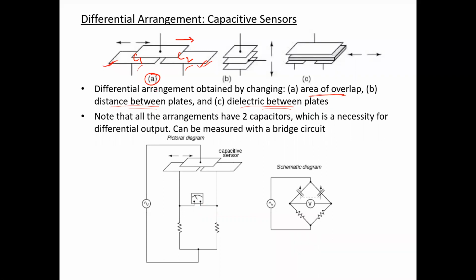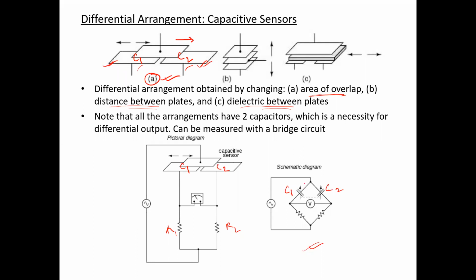If this differential arrangement of the capacitive transducer is connected in the form of an AC bridge, the capacitances C1 and C2 and two resistances, suppose R1 and R2, form the four arms of the AC bridge, and the equivalent schematic diagram can be shown here, where this is C1, the capacitance between the upper plate and one of the fixed plates, and this is C2, the capacitance between the upper plate and the other fixed plate.